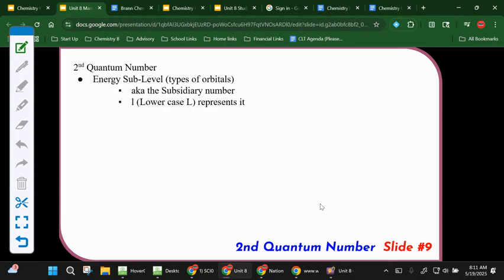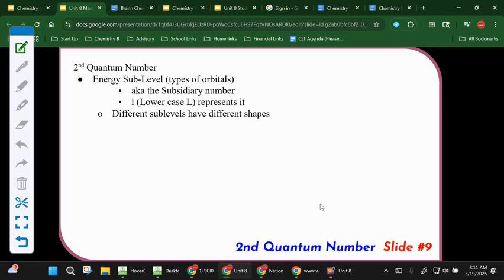Okay? We use a lowercase l to represent this. And this becomes difficult because you're going to look at it and it's going to look like a 1 when I write it. But it is actually a lowercase l. And the values, ladies and gentlemen, describe the different sublevel shapes. Sublevels have different shapes to them.